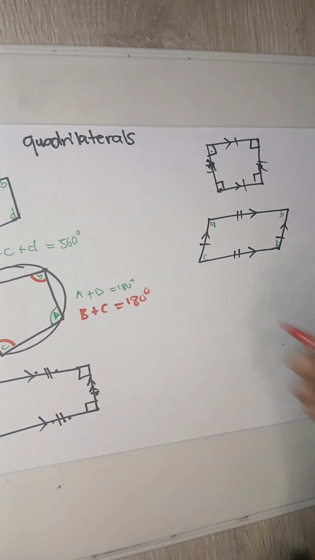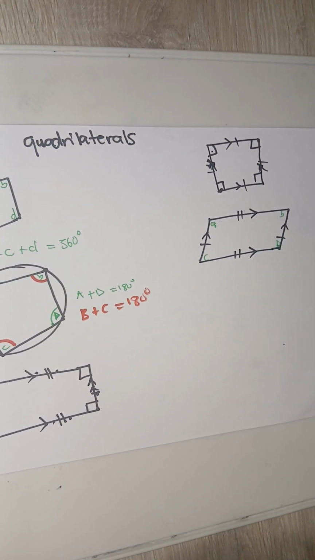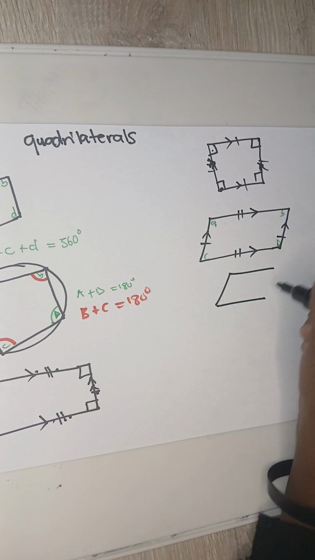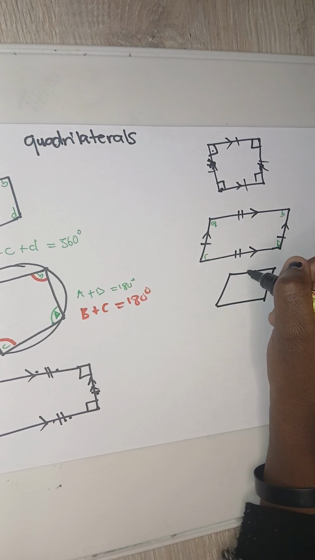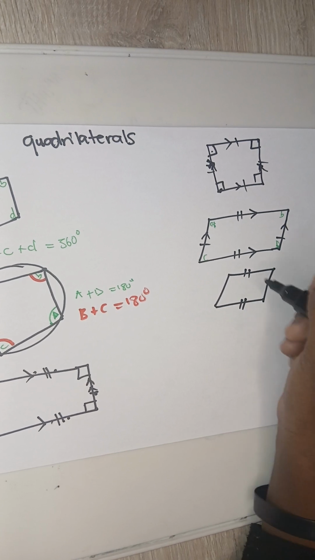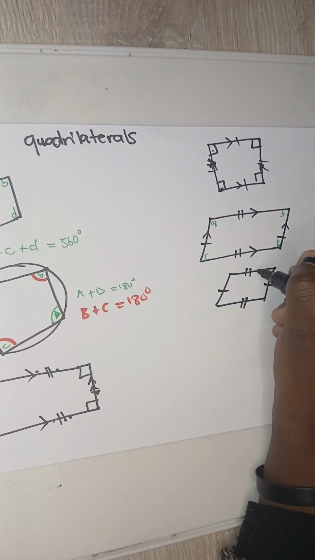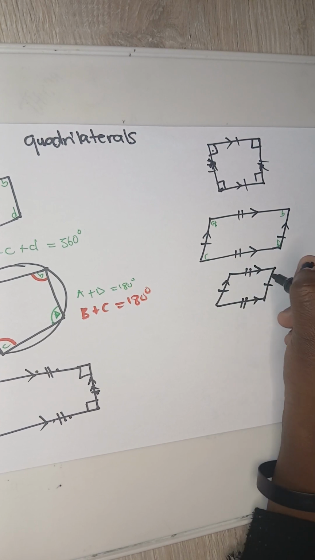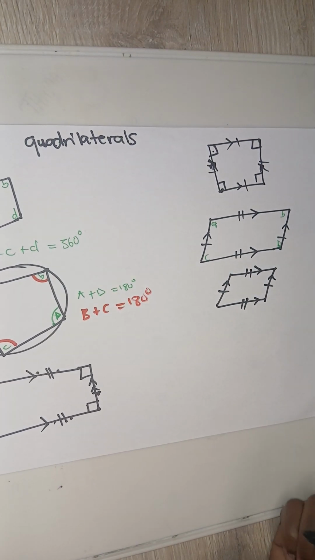And then we have a rhombus. A rhombus is so similar to a parallelogram, just it's small. This line is equal to this line, and this line is equal to this one. They are all parallel: this is parallel to that one, this parallel to that one.